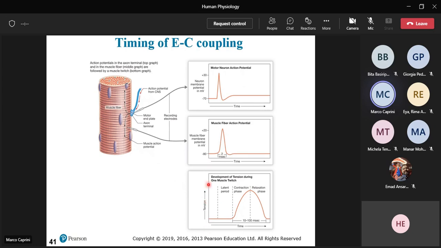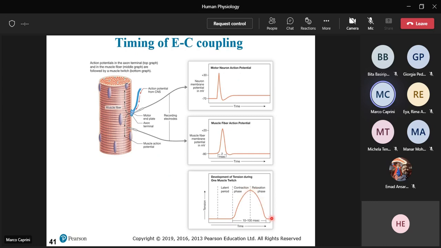Okay, this is a graph where you can appreciate tension and time, skeletal contraction and time. A single contraction-relaxation cycle in a skeletal muscle is known as a twitch. Twitch is a contraction phase followed by a relaxation phase.